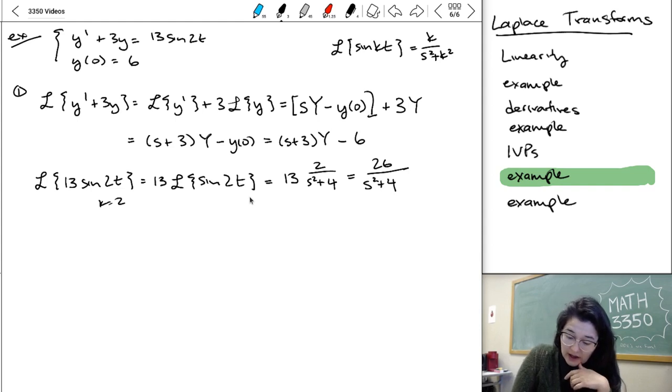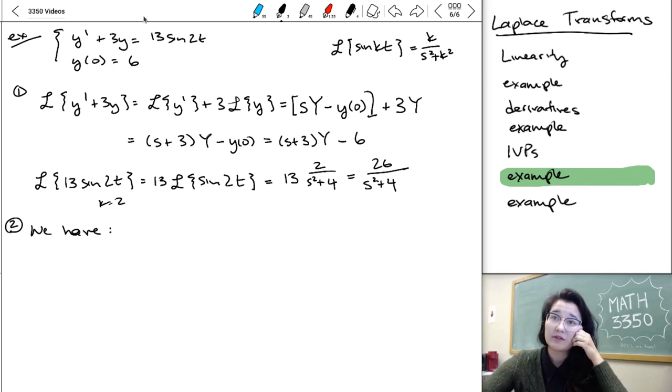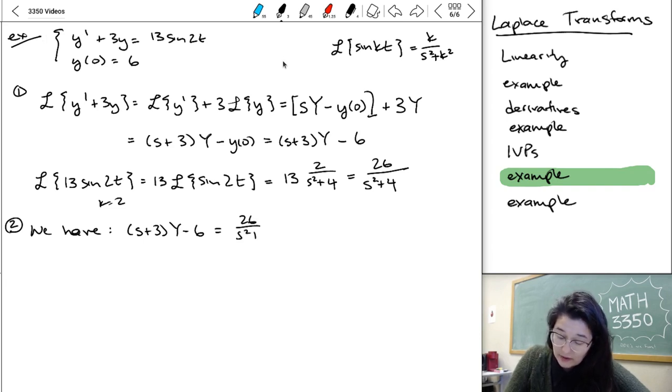And now I'm ready for step 2, which is setting both sides equal. Those two things that I took Laplace of were equal to each other before, so after I take Laplace, they should still be equal. So I should have that on the left, (s + 3)Y - 6 should be equal to, on the right, 26 over s² + 4.